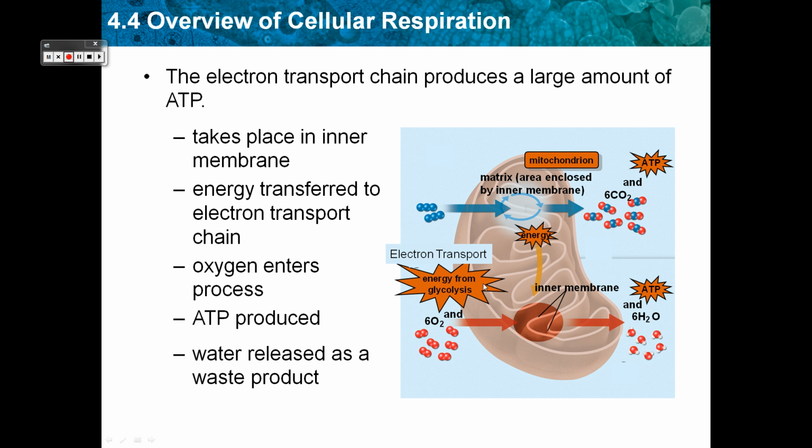The next part is the electron transport chain, which takes the energy carriers from glycolysis. As you recall, that's FADH2 and NADH.